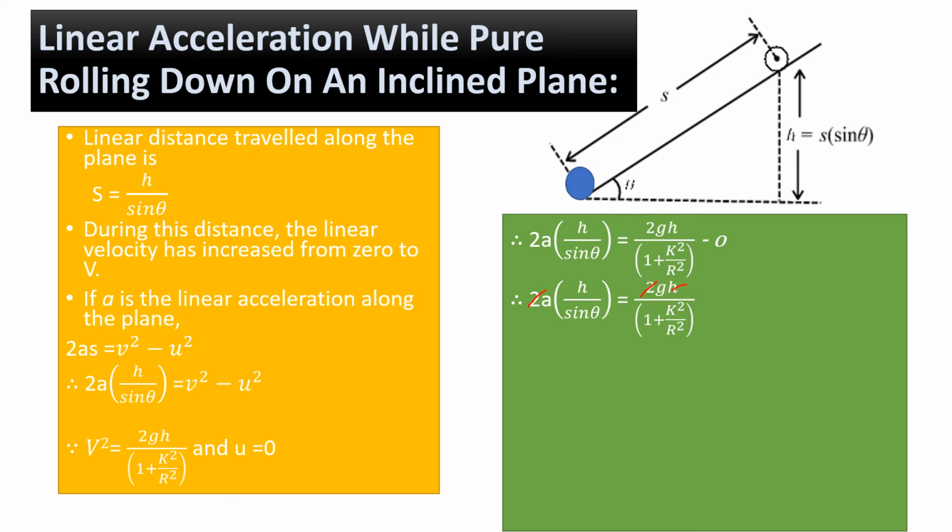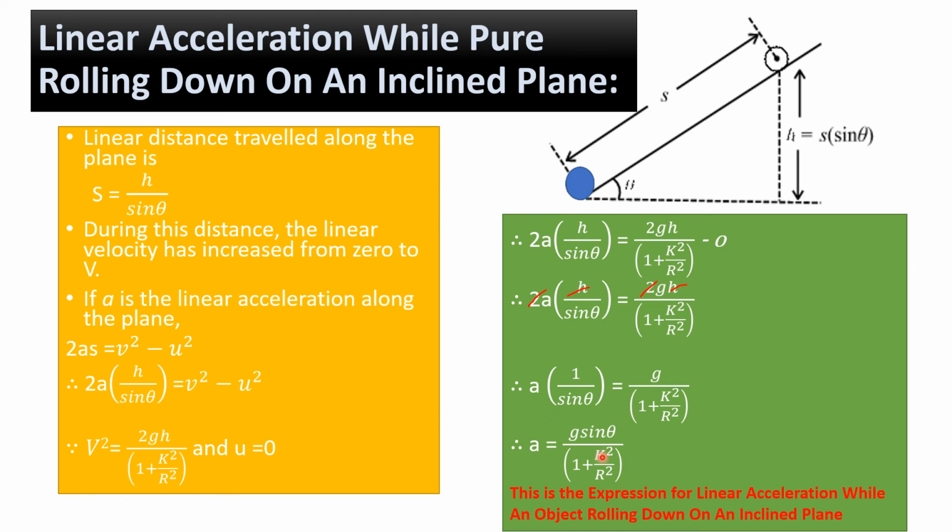Also h gets cancelled out from both sides, and we can write the equation as a into 1 plus k square upon r square is equal to g sine theta, and hence the a value can be written as g sine theta upon 1 plus k square upon r square. So this is the expression of linear acceleration while an object is rolling down an inclined plane.